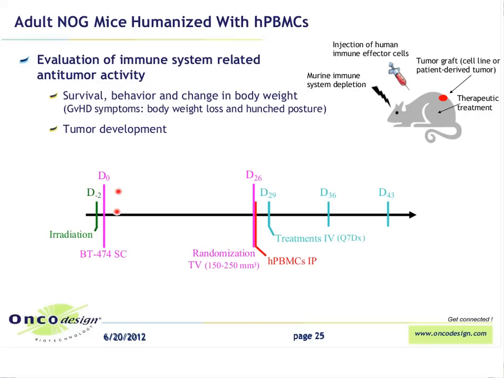A time period is used to let the tumor grow until having a randomization volume of around 200 cubic millimeters. Then human PBMCs are injected IP, and the antibody therapy starts a few days after until the end of the experiment.